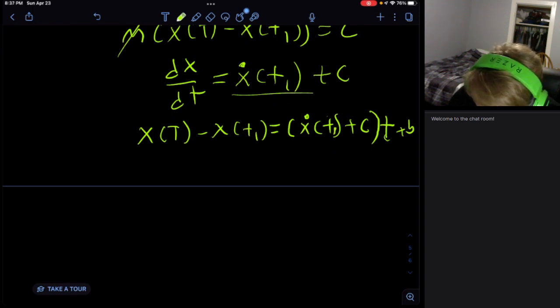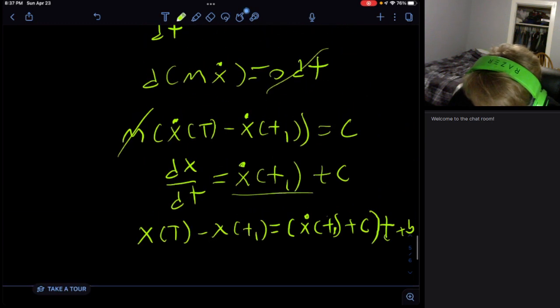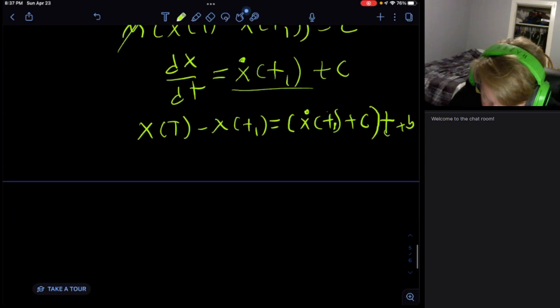We've already shown that x dot is a constant, so we can simplify this down.